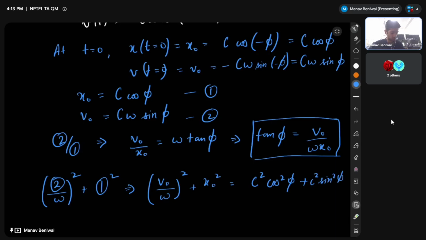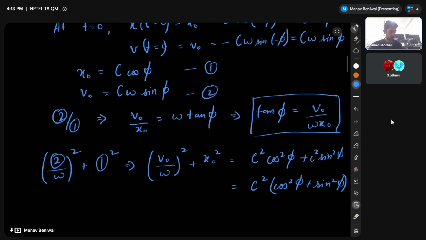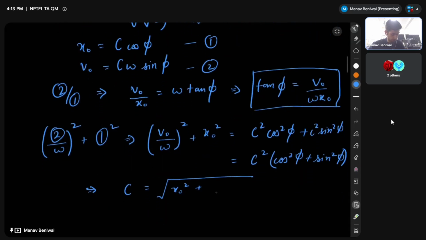If we take c squared as a common factor, this becomes cos squared phi plus sine squared phi, and using the trigonometric identity, this term is simply 1. Therefore c is nothing but the square root of x naught squared plus v naught over omega squared. I'm only writing the plus value because it is the amplitude, and we only care about the magnitude and not the direction.